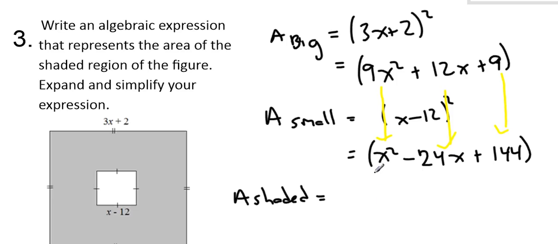So 9x squared minus x squared, 12x take away negative 24x, and 9 minus 144. It would be negative 135. So that's the area of the shaded region.